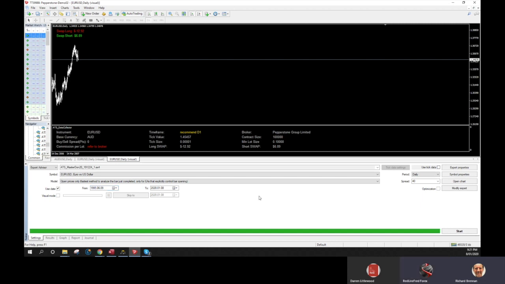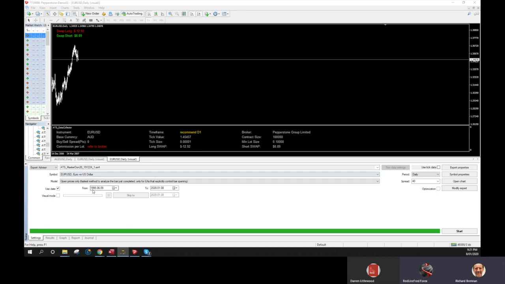The important thing to note here is that the EA and the testing we've done commenced something like 10 years past this date. So this date range we're looking at now has not been seen by this EA, and it's not been featured in the development of this EA.